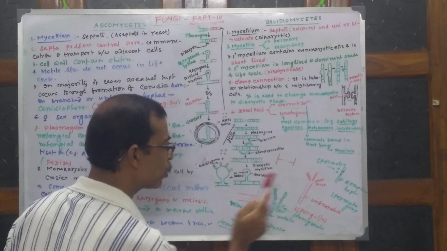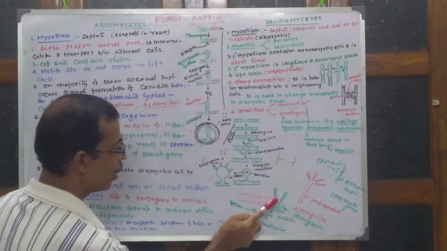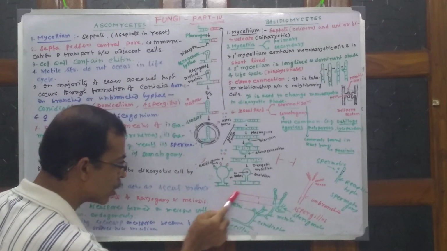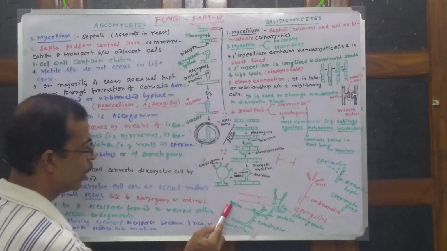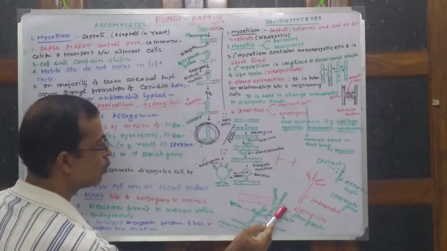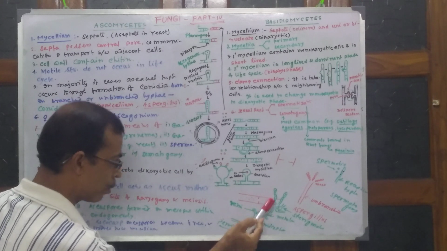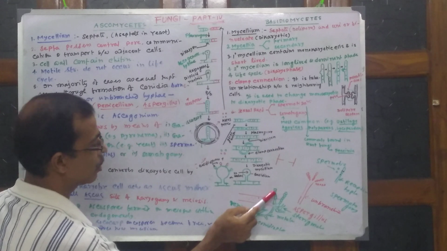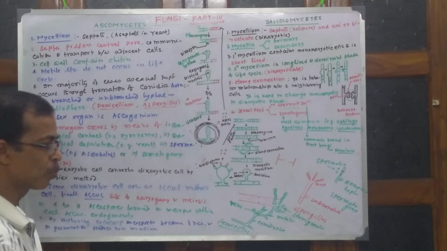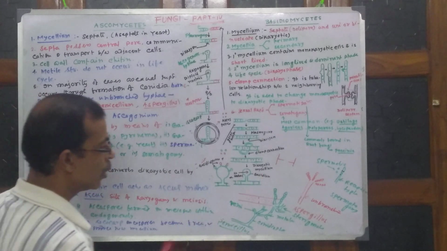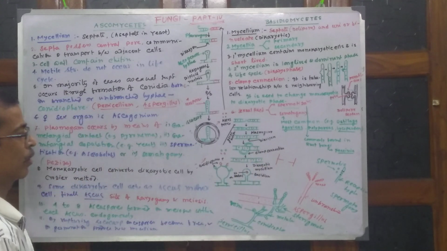Conidia are produced exogenously, directly on the conidiophore or on the sterigmata. Here it is Penicillium. The conidiophore further branches into rami, then into metulae, then into sterigmata or phialides, bottle-shaped cells, and on the phialide the conidia or conidiospores form in a basipetal manner. That is, the smaller one is towards the sterigmata and the larger one on top.